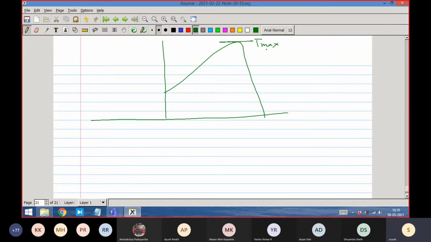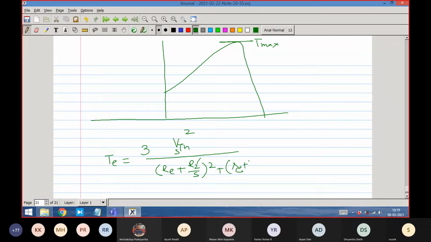Let me write it here. This is the torque expression, the general torque expression, TE.